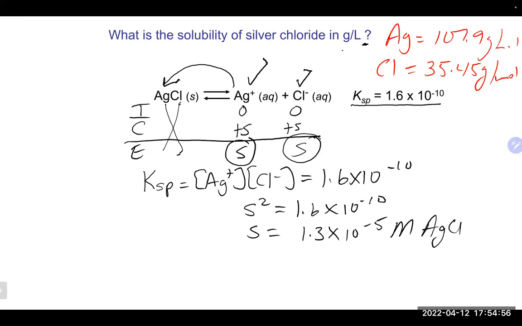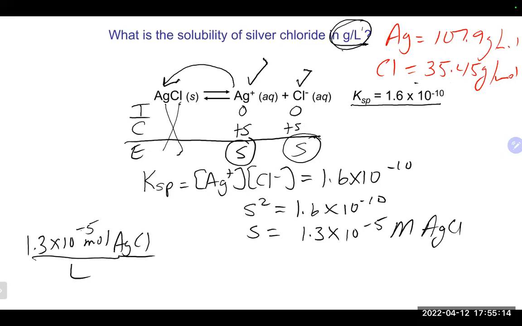That is the molar solubility here, which is moles per liter, but that is, again, not what we're really looking for. We are looking for how many grams per liter it is. So basically, we got 1.3 times 10 to the minus 5 moles per liter of silver chloride. We would need the molar mass here to do our conversion. So that is 107.9 plus 35.45.